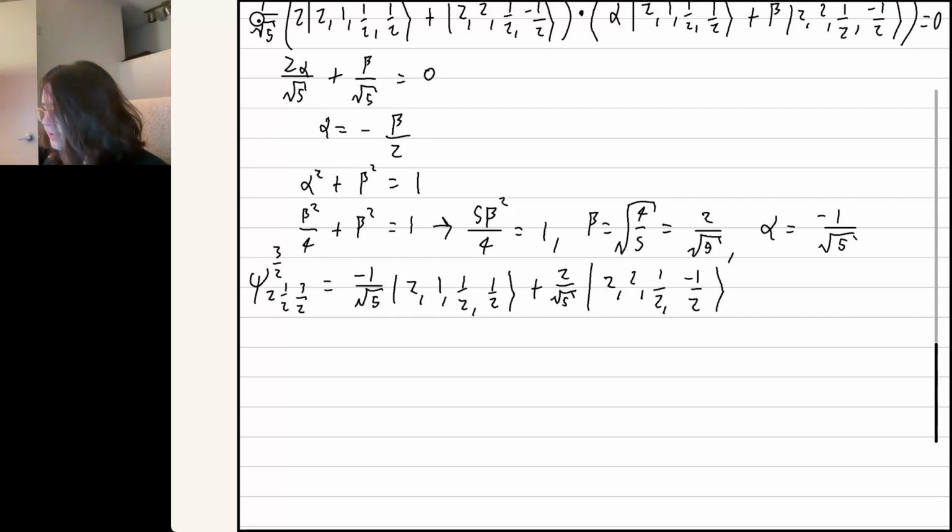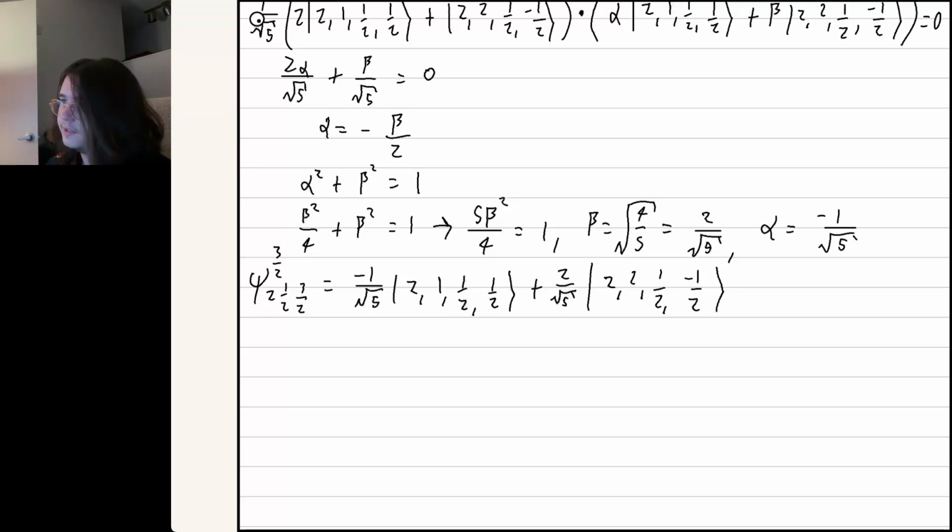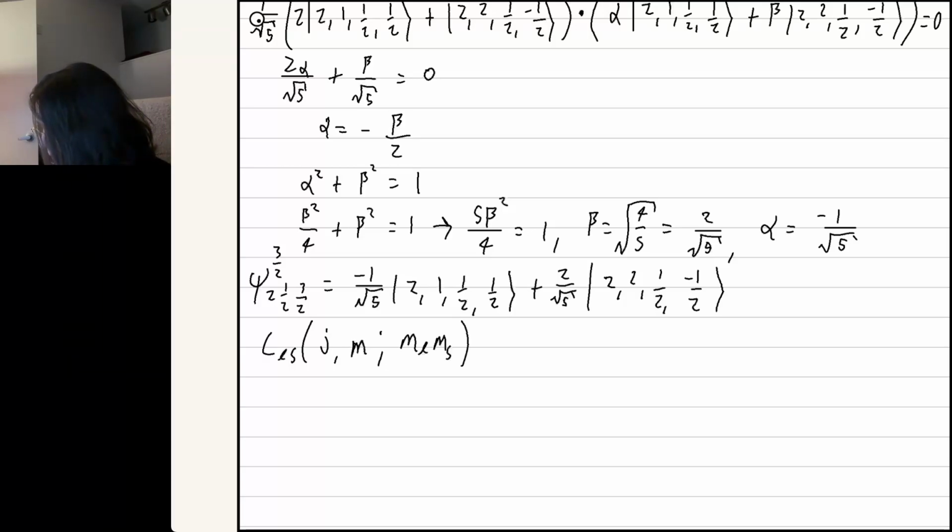The problem also asks you to just list off the Clebsch-Gordan coefficients. Clebsch-Gordan coefficients being just C_LS of JM semicolon ML MS for each of these guys. We found all of these already.